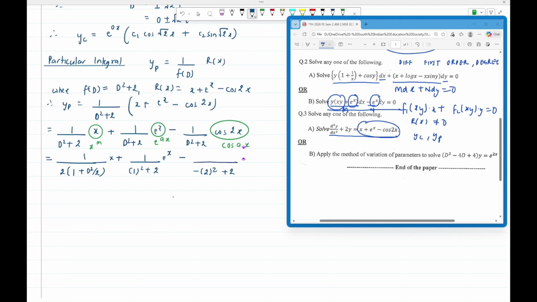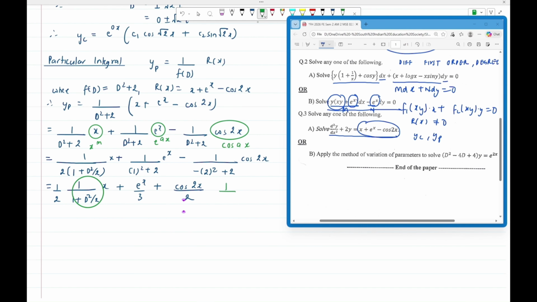So we have the denominator set up, and this is going to be cos of 2x. We have half here, the other term is 1 over 1 plus d square by 2 into x, then this is e raised to x by 3, and over here plus cos of 2x, and the denominator is going to be 2. Now for the first term, we have got this expression.